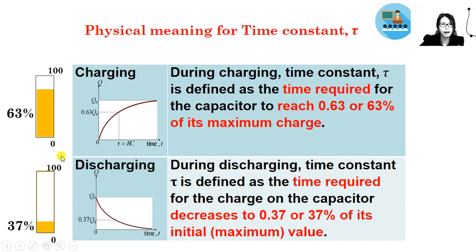Once again, I remind you, time constant is the time taken to reach 63% of fully charged during charging, or the time taken for the charge to reduce to 37% during discharging.